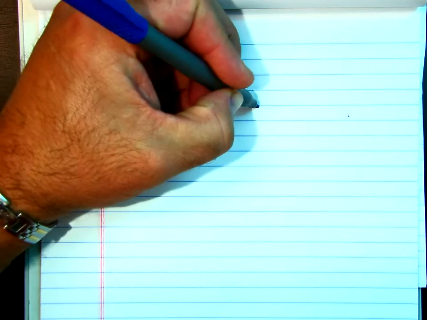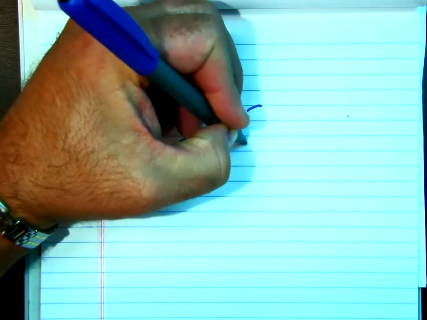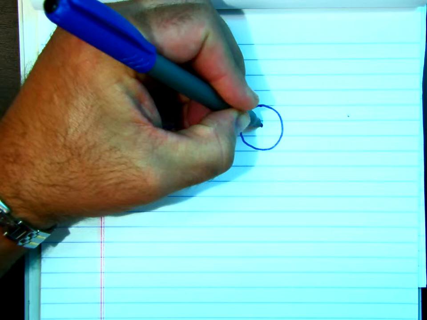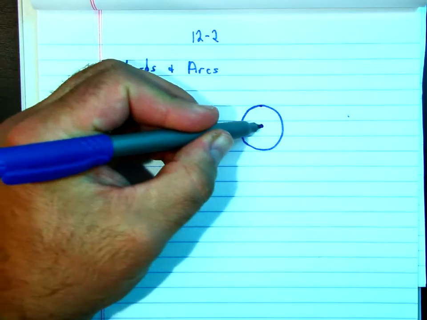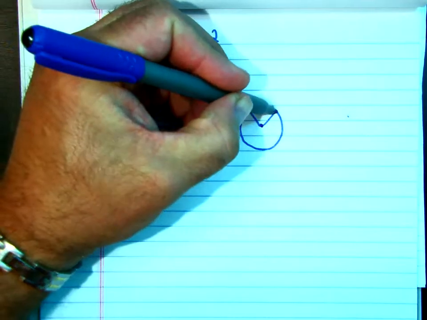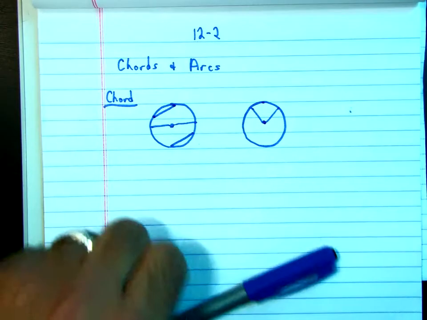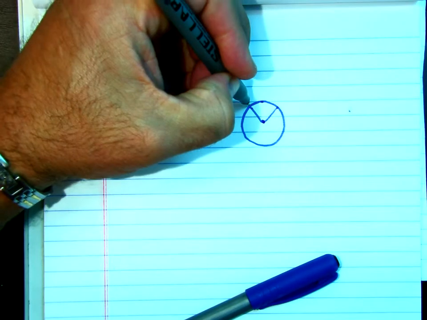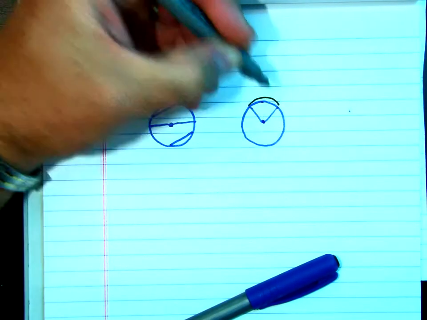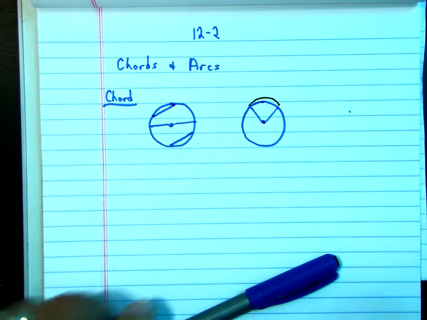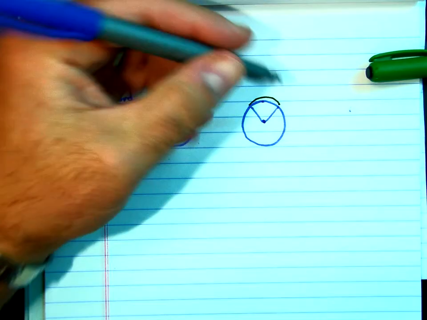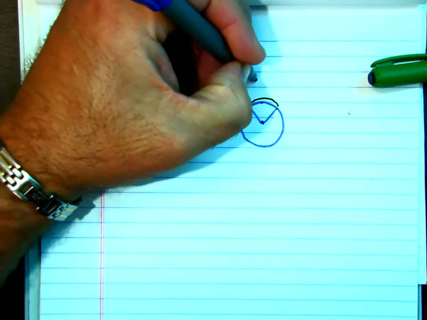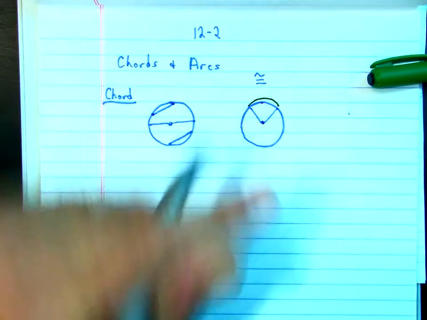And then we talked about arcs. And we've actually already talked about arc. We talked about the length of the arc and the measure of the arc. This is an arc. It's a piece of a circle. And what do we know about the arc and the central angle? Their measurements are always congruent.